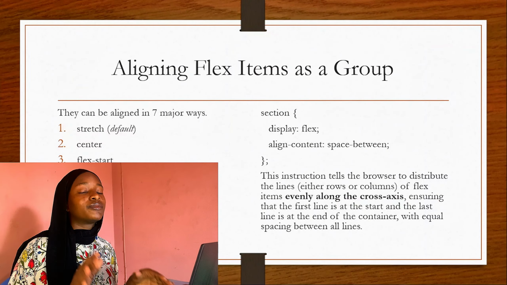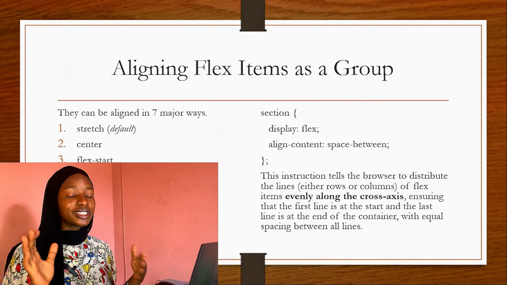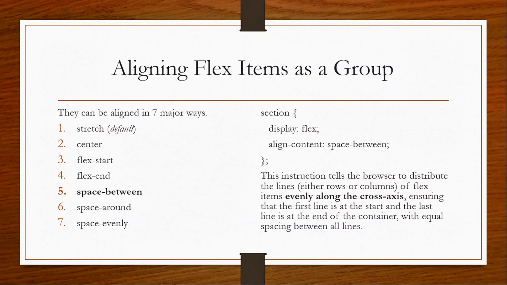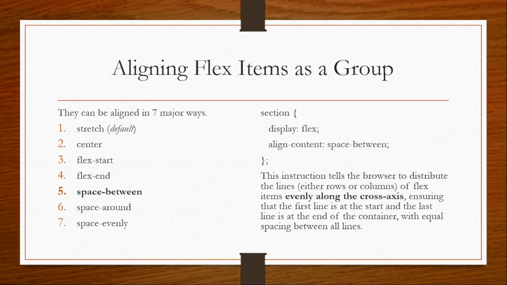And then we have the new concept, which is space between. This instruction tells the browser to distribute the lines of the flex items evenly along the cross axis, either rows or columns depending on the flex direction, ensuring that the first line is at the start and the last line is at the end of the container with equal spacing between them. So what does this mean?